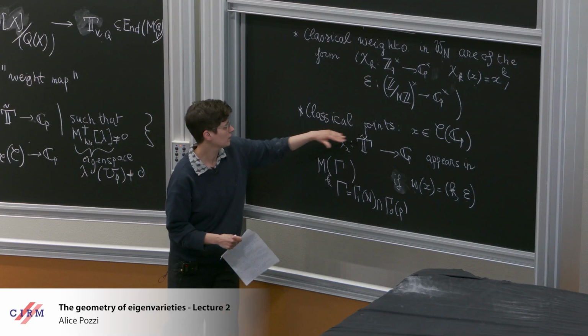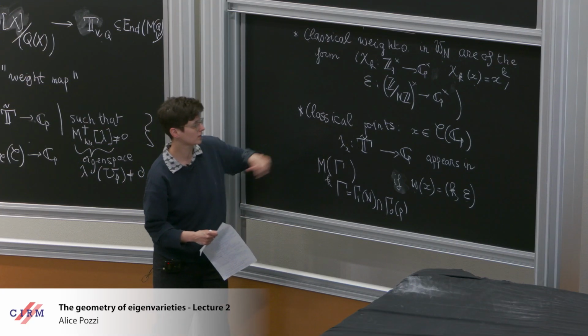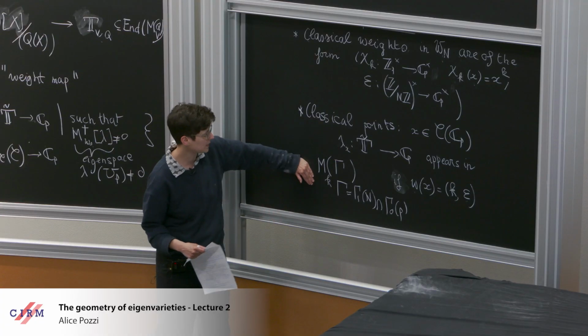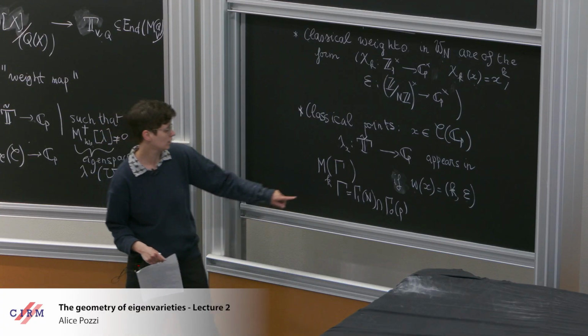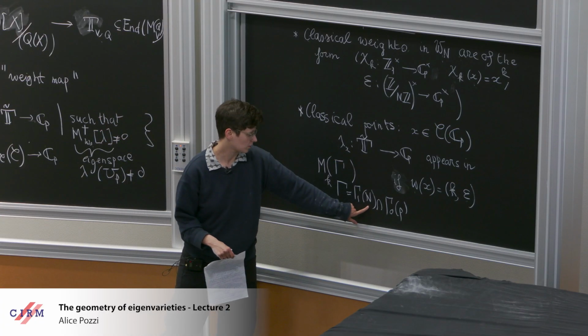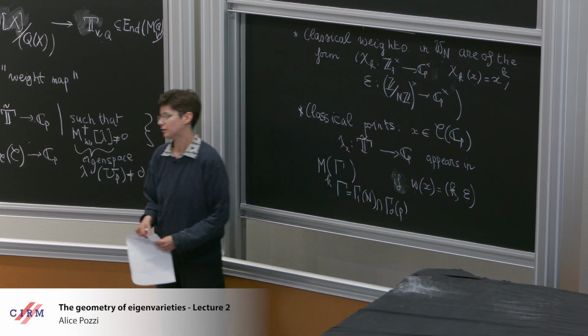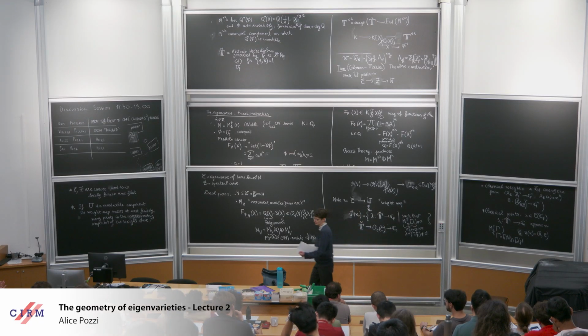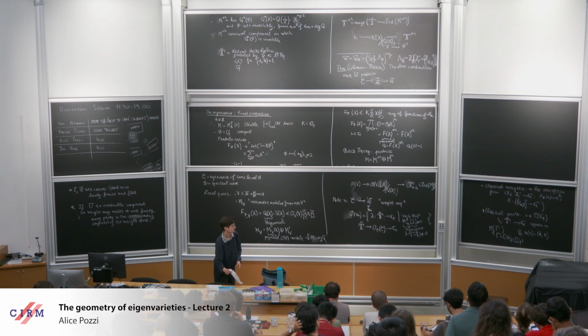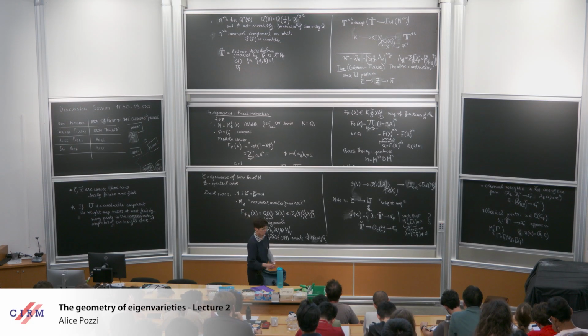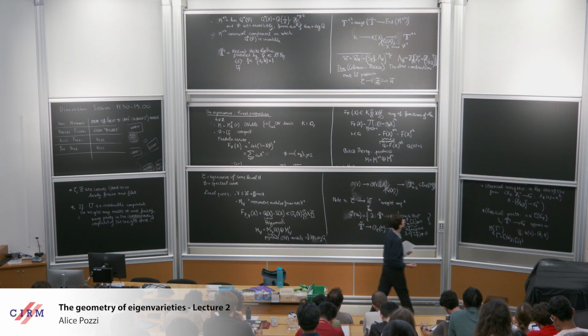Okay, so classical points are those such that the system of Hecke eigenvalues appears in classical modular forms of this level. So gamma_1(N), and we are allowing also level at p. Okay.